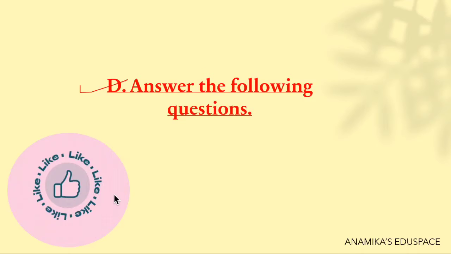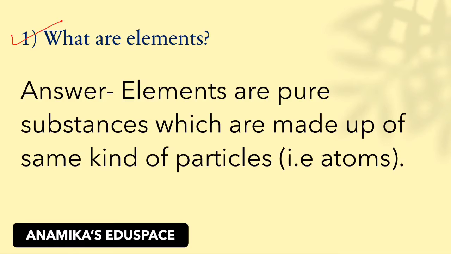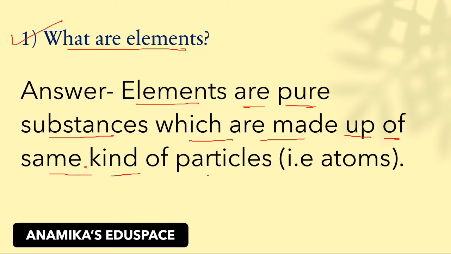D. Answer the following questions. As we all know, these are the short answer questions. So let's begin. Question number 1. What are elements? Answer. Elements are pure substances which are made up of the same kind of particles, that is atoms.